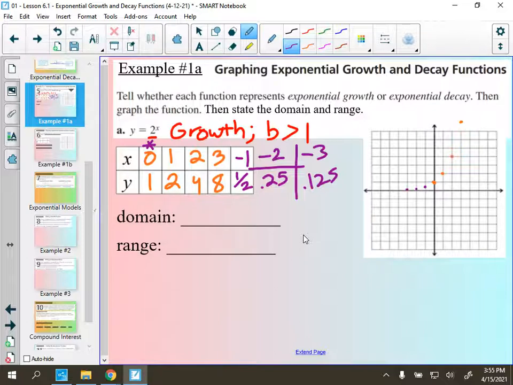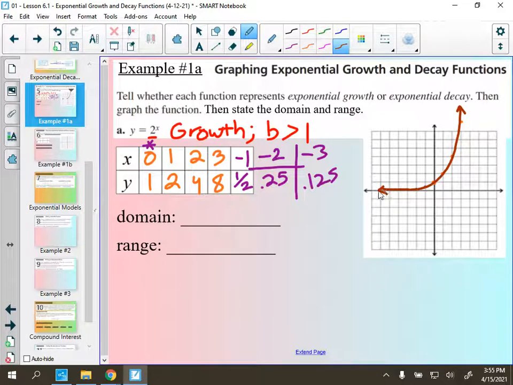We're just barely above that x-axis. And we said that was one of the main features of an exponential growth or decay function: one of the ends of it, whether it's growth or decay, is going to get infinitely close to that x-axis.